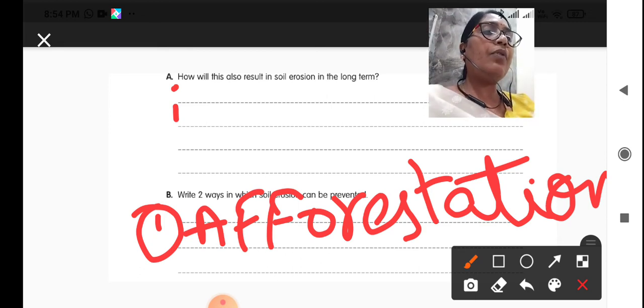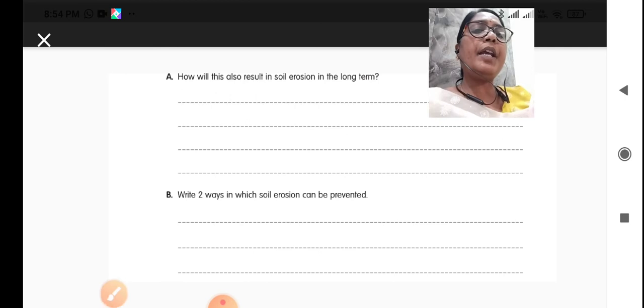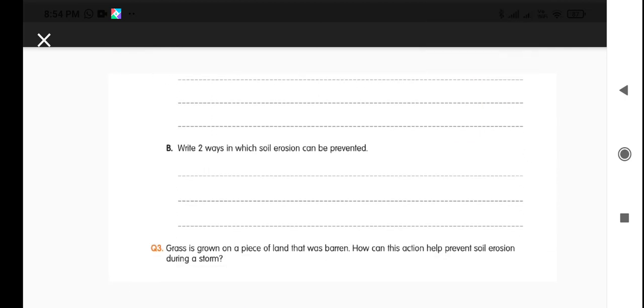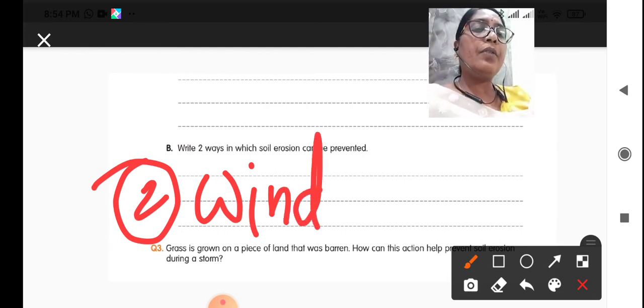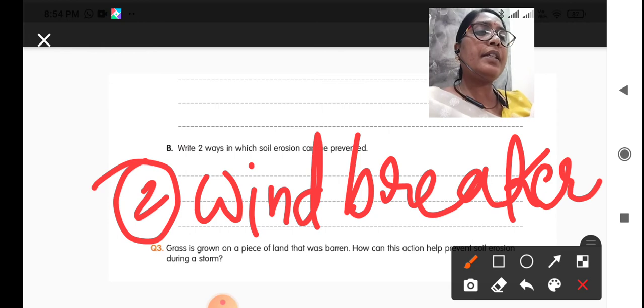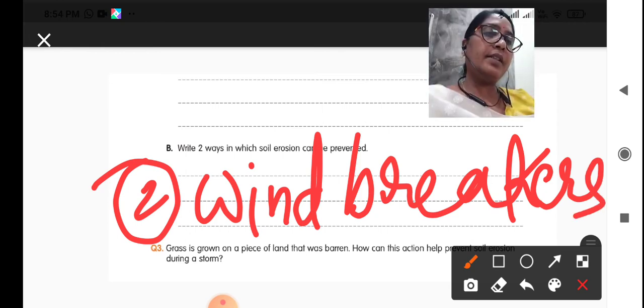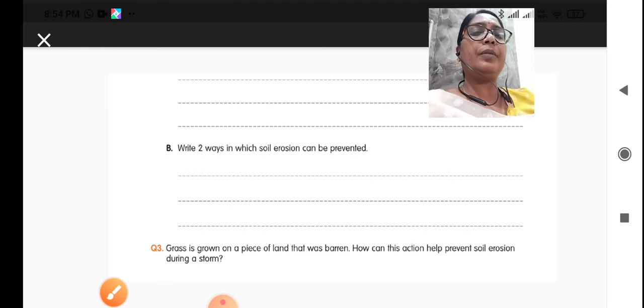By doing afforestation, and by growing windbreakers. Windbreaker means growing plants in many rows so that they reduce the speed of wind. So windbreakers also help to stop soil erosion.